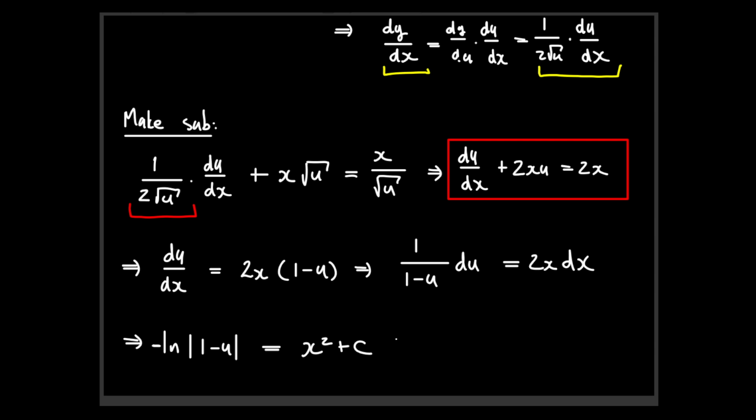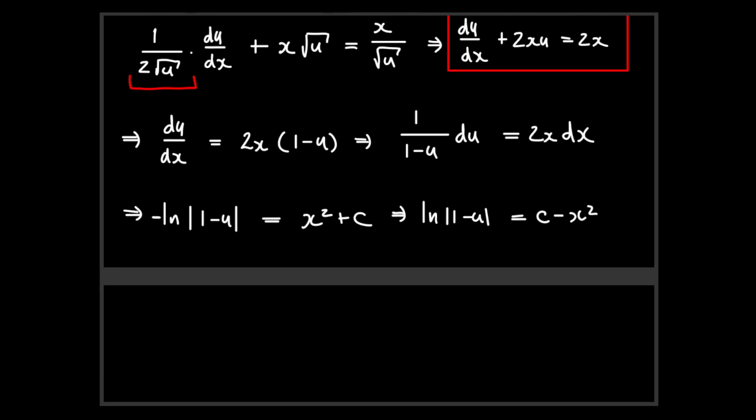Okay, and just to rewrite this without the negative in front of the natural log, this is natural log 1 minus u is equal to c minus x squared. Okay, because if I multiply this expression here by negative 1, all I'm going to be doing is adding negative x squared to an arbitrary constant again. So the c is unaffected by multiplication by any non-zero number.